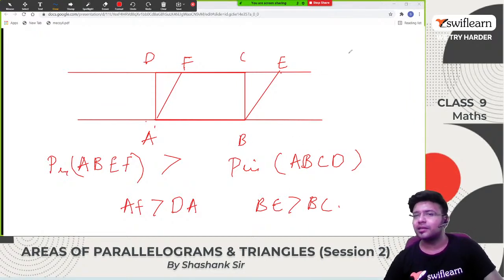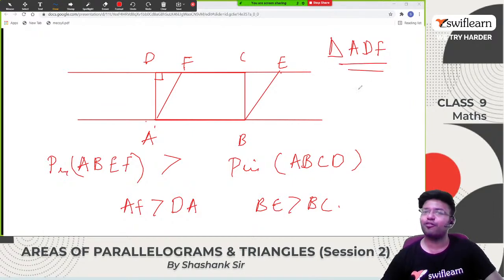Now consider this right angle triangle ADF, because this is a rectangle, so the interior angles will be 90 degrees. Now in ADF, AF is the hypotenuse and AD is one of the sides.